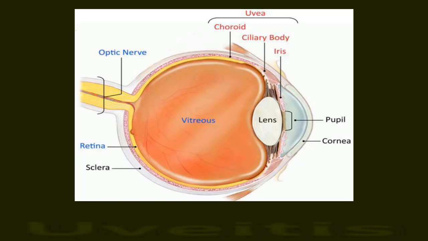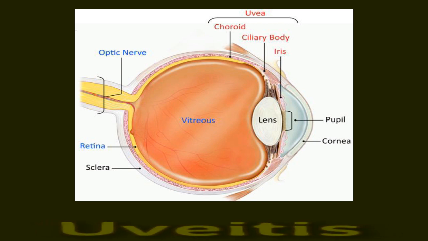Uveitis. Uveitis is inflammation of the uvea, which is the middle layer of the eyeball that contains the iris.